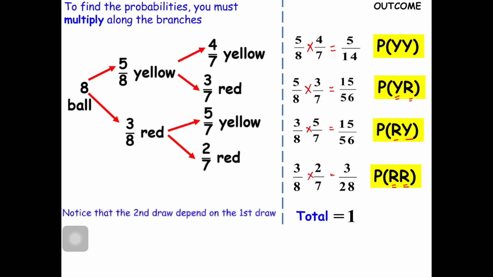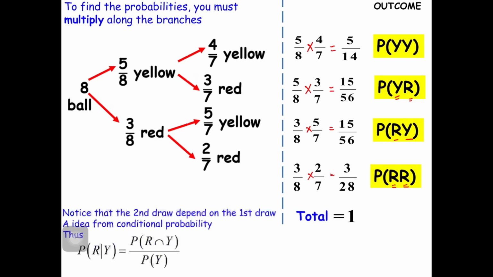Okay, so notice that the second draw depends on the first draw, an idea from conditional probability. Thus, probability R given Y, that is probability of obtaining a red ball given the first draw is yellow.